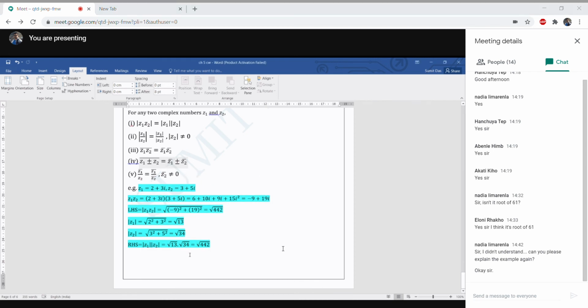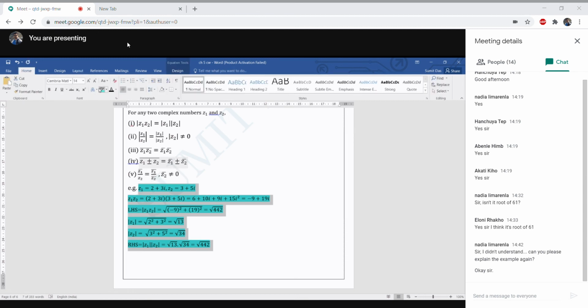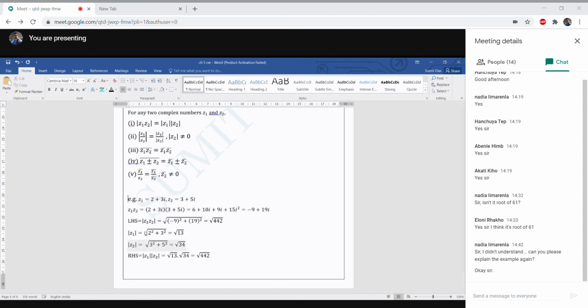Well, this is what was given. I gave this one as an example for number one. Number one is saying modulus of z1 z2 equals modulus of z1 into modulus of z2. That is what we are going to prove. So I am taking z1 equal to 2 plus 3i and z2 equal to 3 plus 5i.